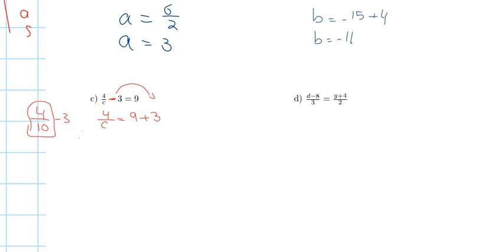Because what's the opposite of subtracting 3? Adding 3. So I got rid of that negative 3, brought it over the equal sign, it became a plus 3. So basically that's 4 over C equals to 12.